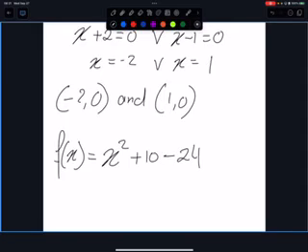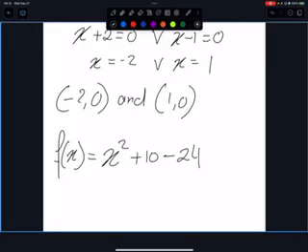Yes, you practice factorizing, so you see the expression and you can factorize it without needing to write it down. Where do you start? 1 times 24.